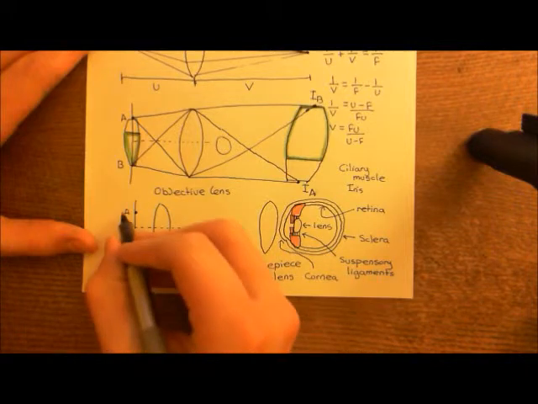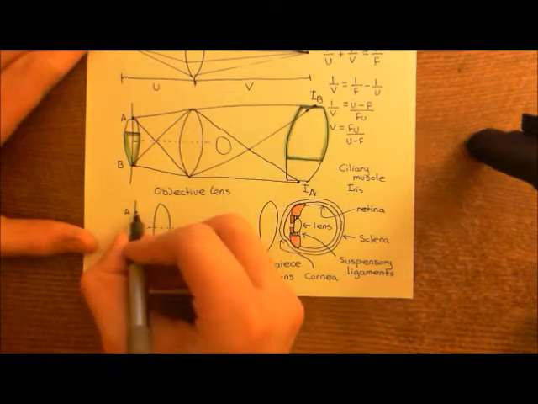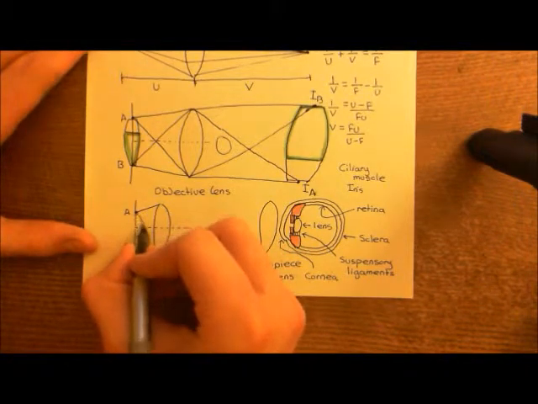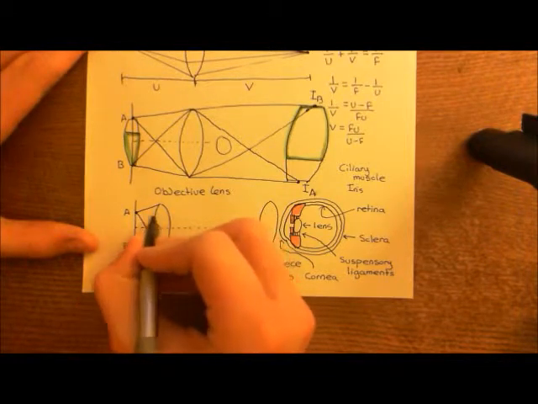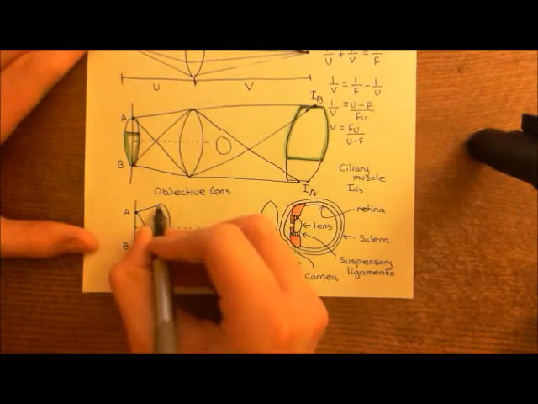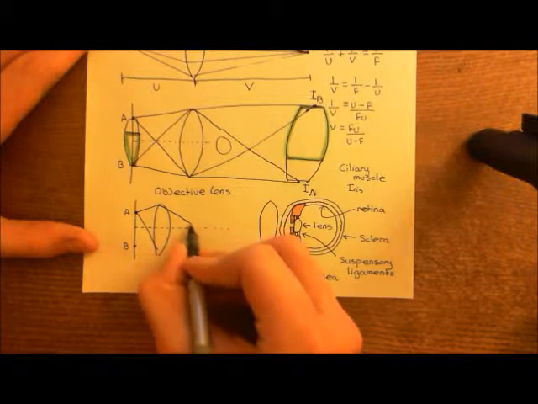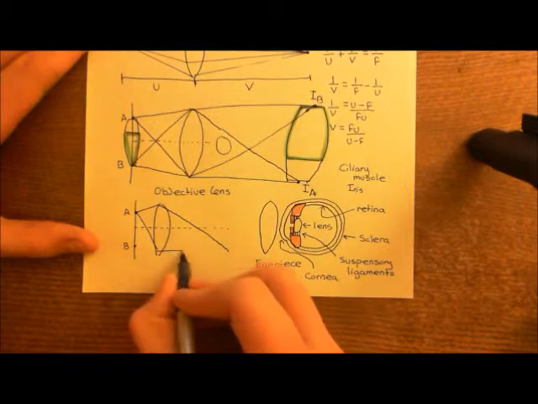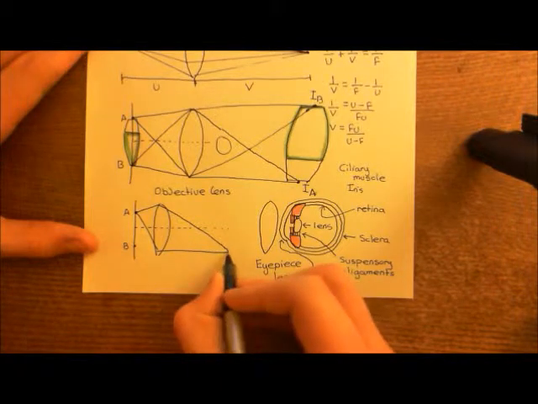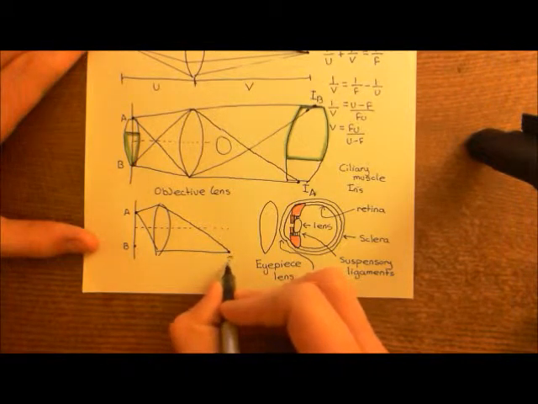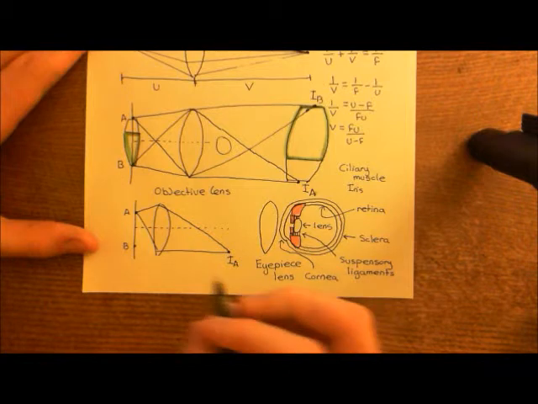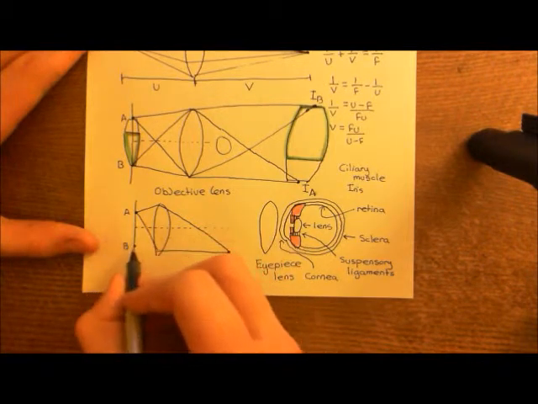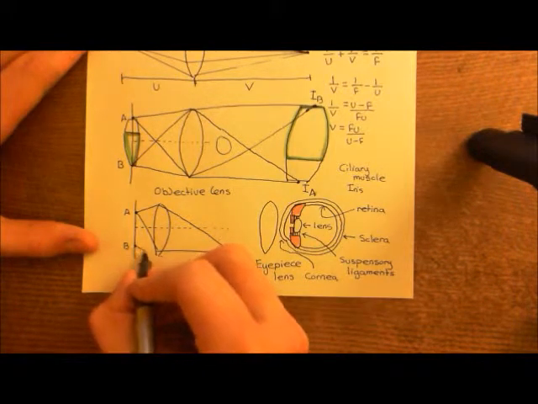Light coming from point A will be focused by this lens. All the light coming from point A will be focused to some point maybe down here. So here's the image of point A. And it will be the same for point B and all of the points in between, of course.